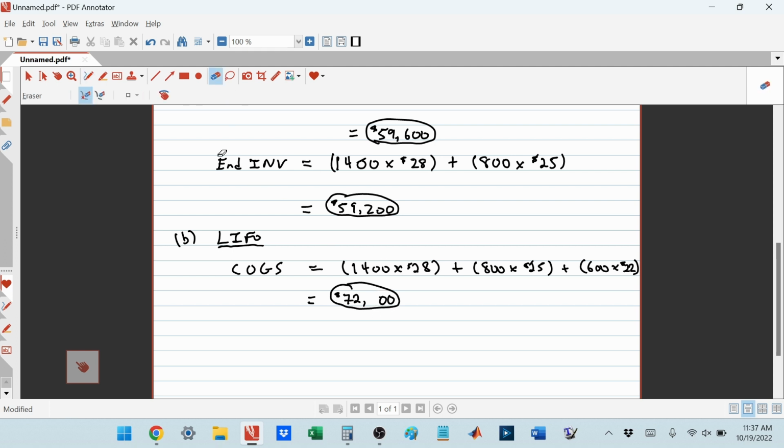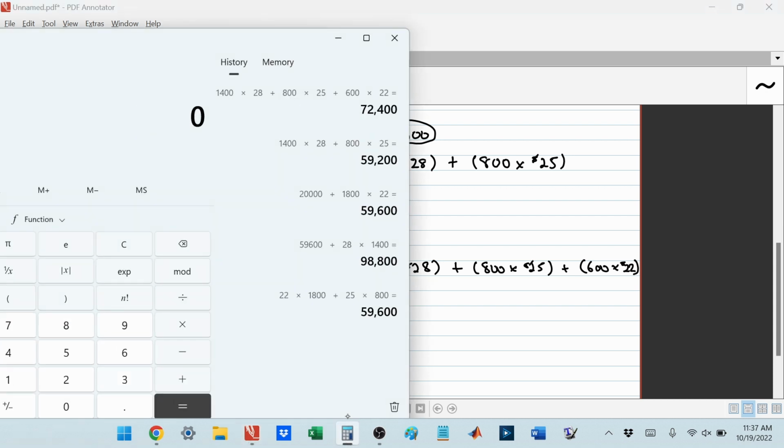So I hope my calculator is doing order of operations. I think it is. But if you're ever in doubt, just put parentheses to make sure.